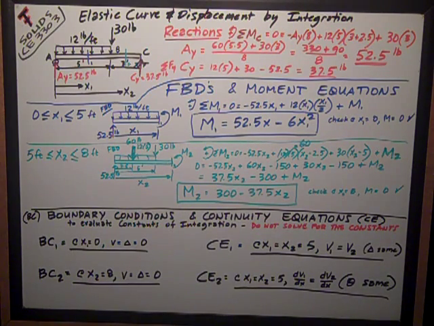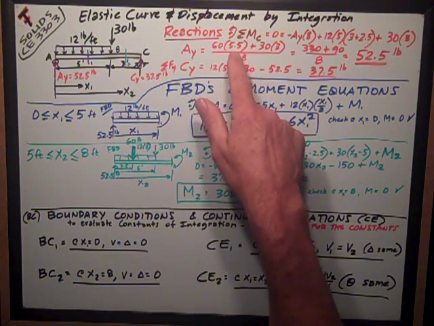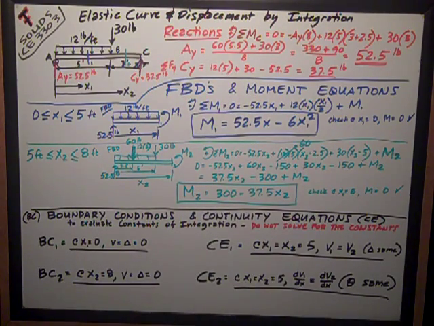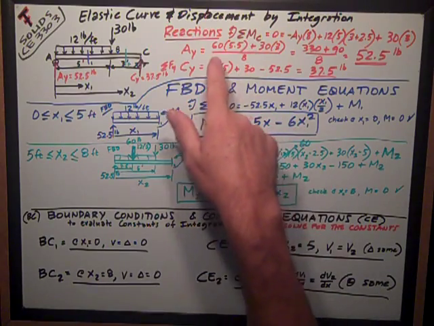First thing I need to do is solve for my reactions, and as always, sum moments about a point.